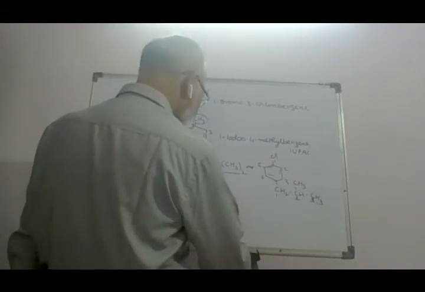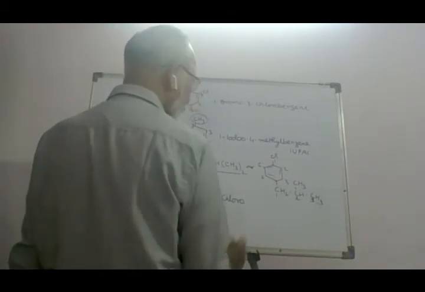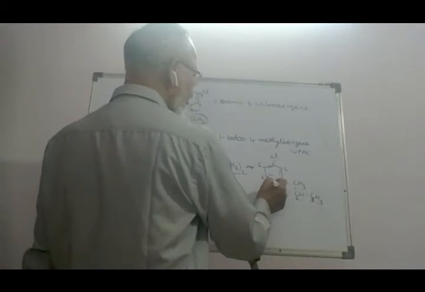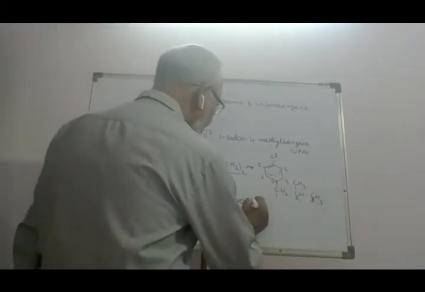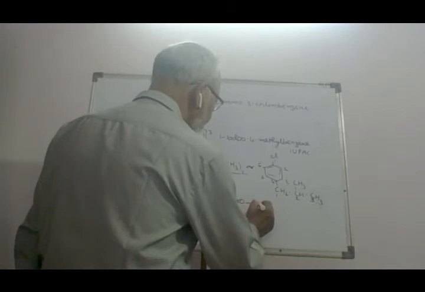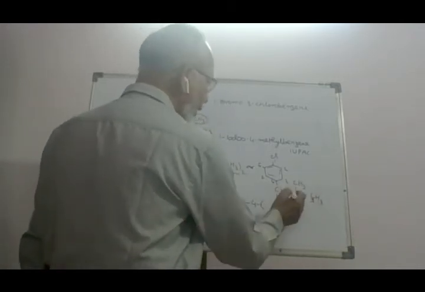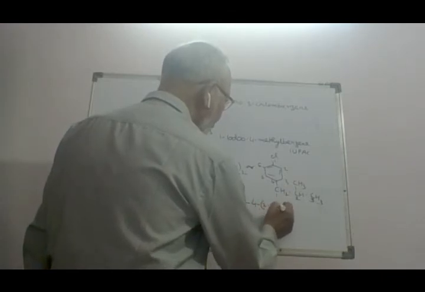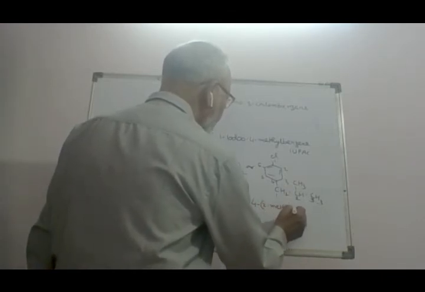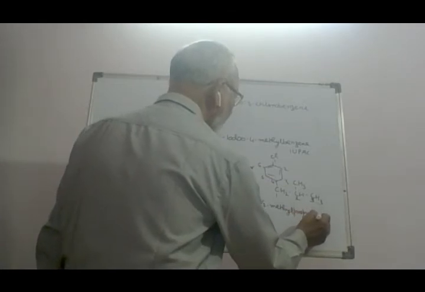So this compound will be named 1-chloro. Now this side chain is present at the 4th position. So it will be 4, then this is propyl, and with this propyl, methyl is attached at the second position. This will be 2-methylpropyl and benzene.